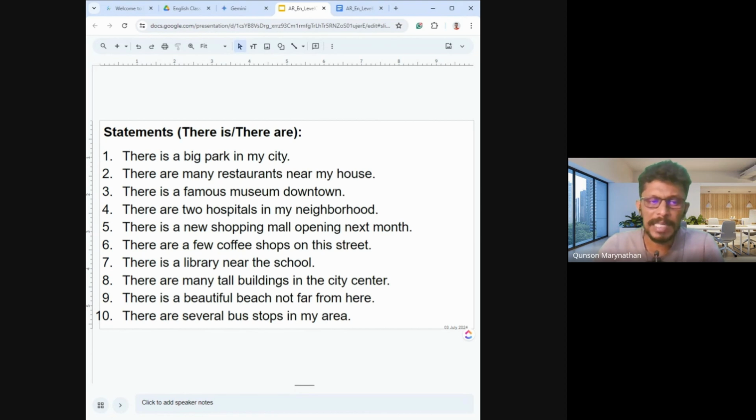There is a new shopping mall opening next month. There are a few coffee shops on this street.